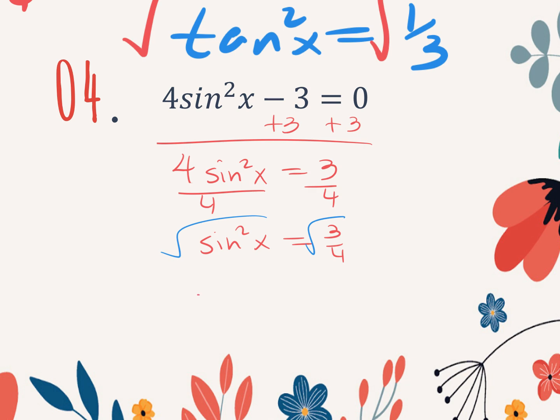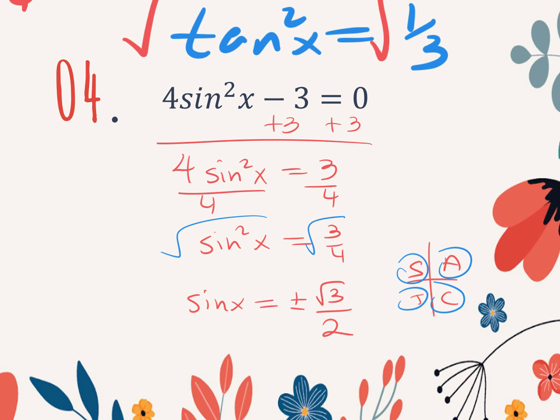And then I get sine x is equal to plus and minus the square root of 3/2. Remember, sine, we look at y. Now it's plus and minus, so here we don't really need to narrow down our quadrants, because it's going to be all 4.